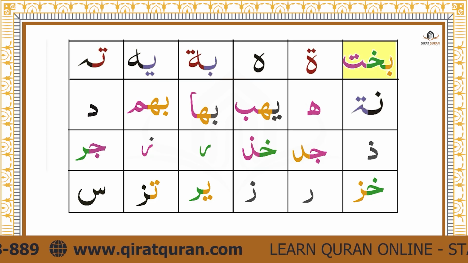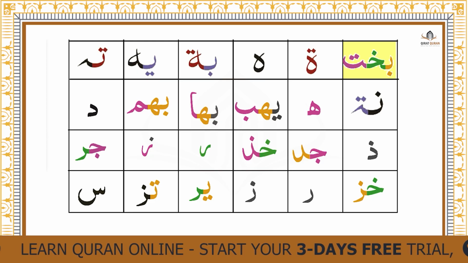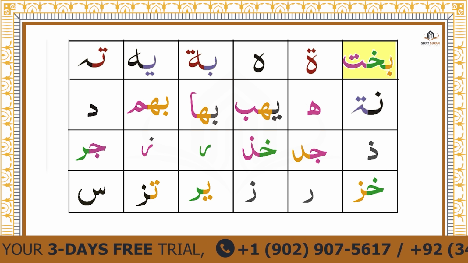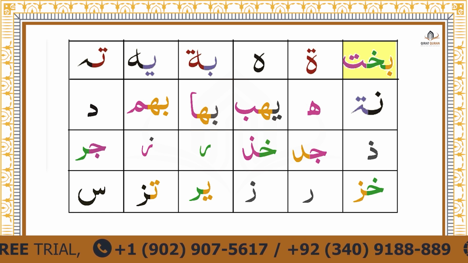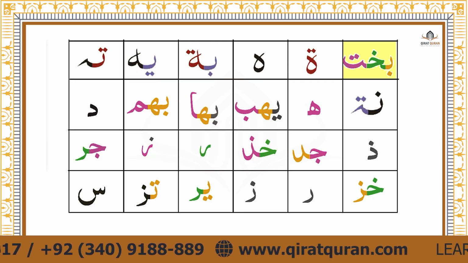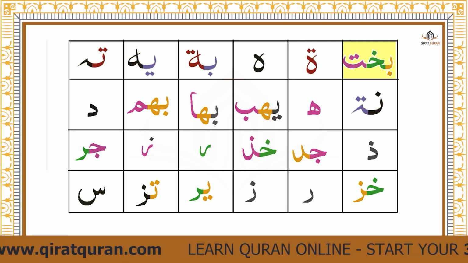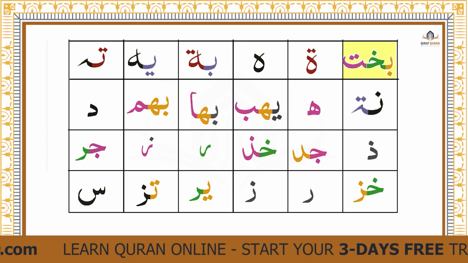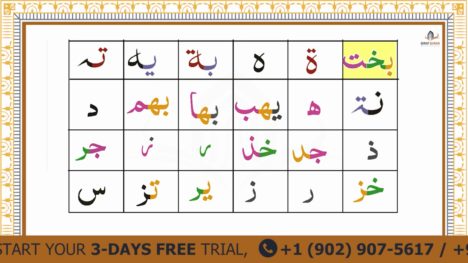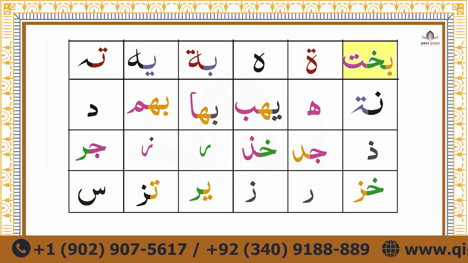First of all, we have three letters here. The first one, we know that the letter having one dot at the bottom is Ba. And the second one, from the formation of the letter and also a dot at the top, it shows that it is Kha, because when Kha connects with any other letter, it looks like this: it has two parts, one is the upper part and one is the lower part, and also it has a dot at the top, so it tells us that it is Kha.